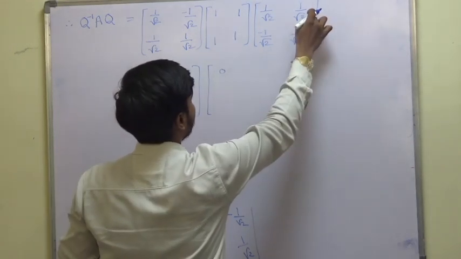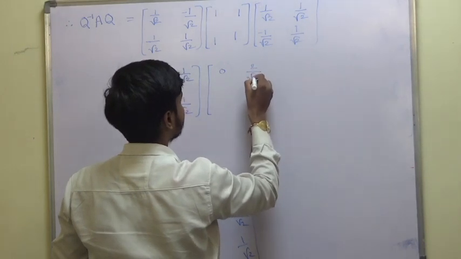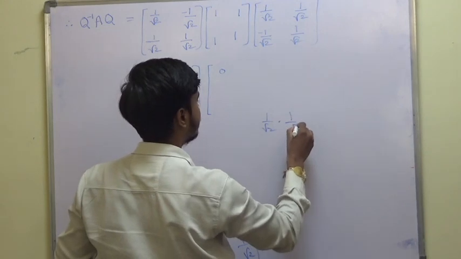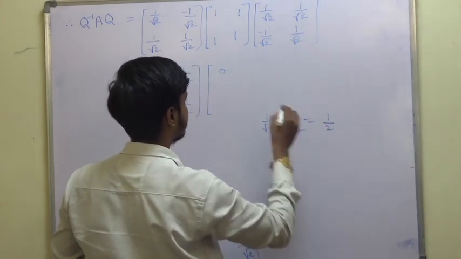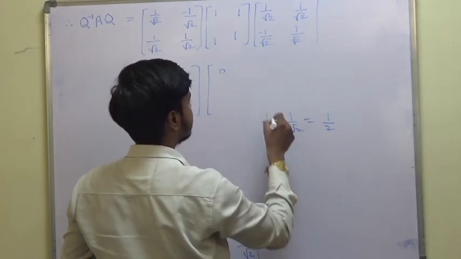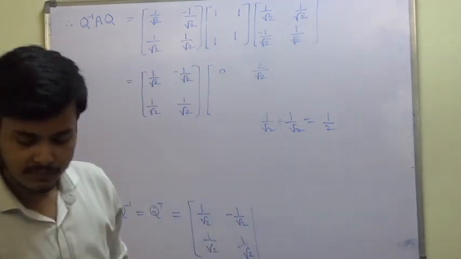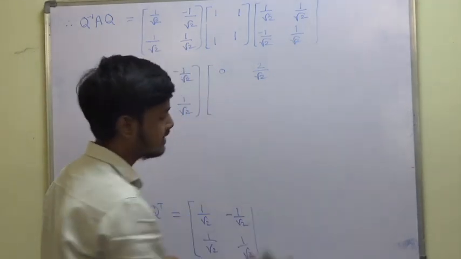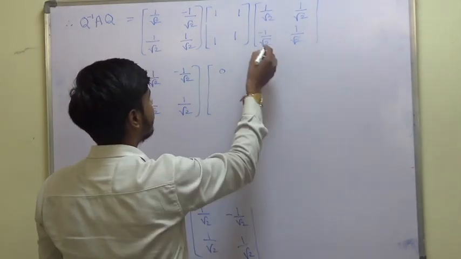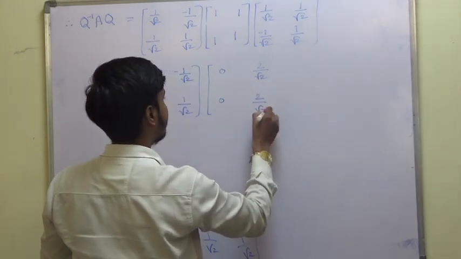Then 1 by root 2 into 1 by root 2 comes out to be 1 by 2, but we have to make it plus, so it's 2 by root 2. Next is 1 by root 2 and 1 by root 2, 0, and 1 by root 2 plus 1 by root 2 is 2 by root 2.